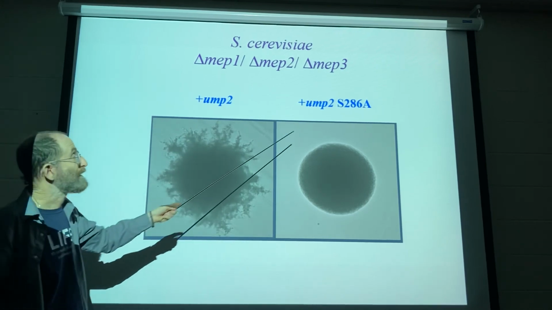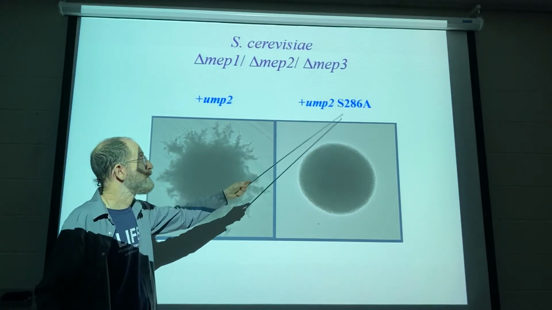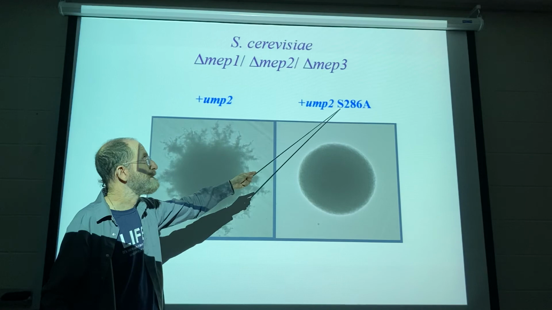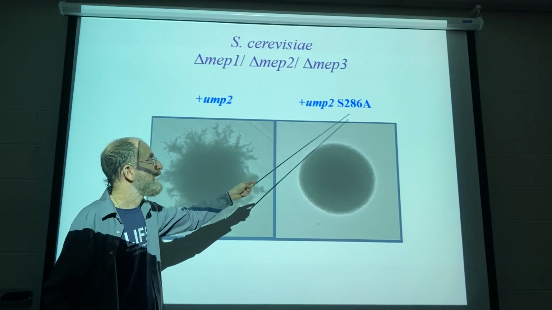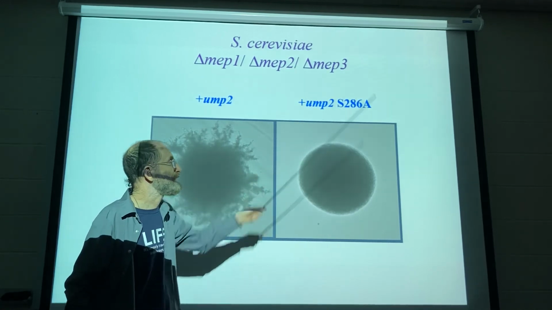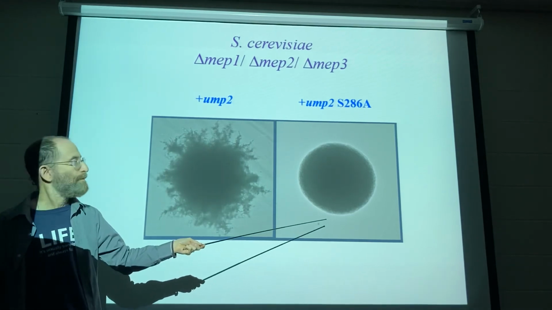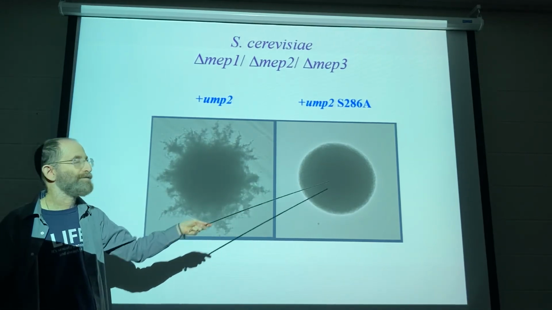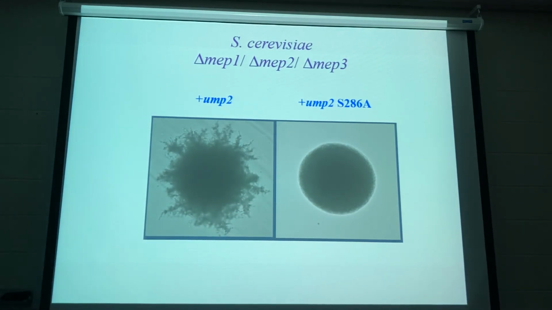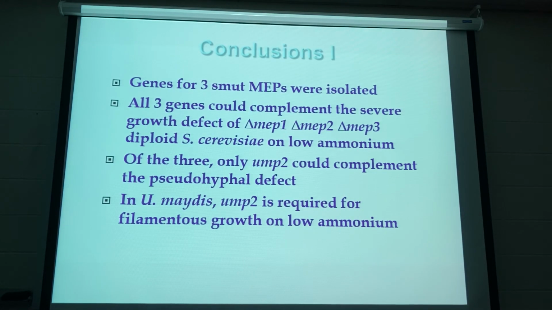However, if you take that region in UMP2, which has a serine in the critical position, and you change that serine to an alanine, they still grow, but notice there's no fermentation.